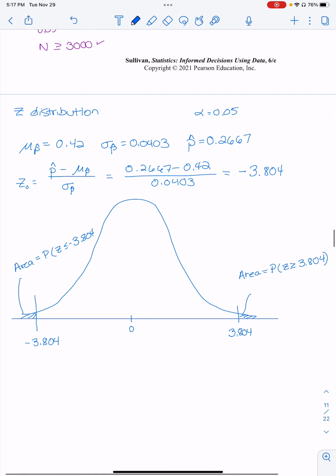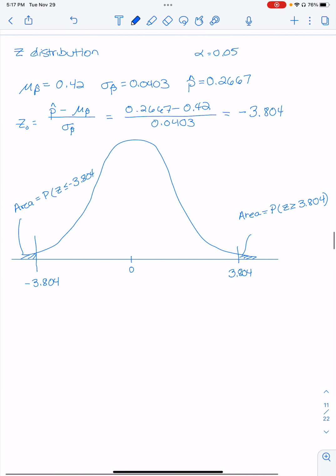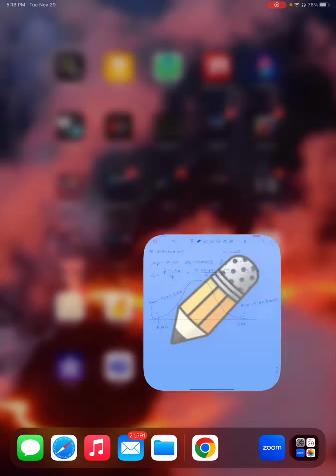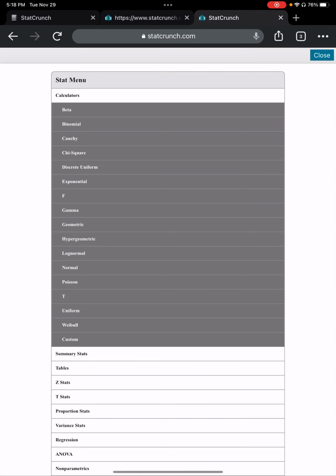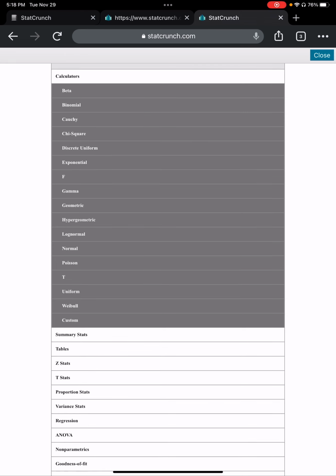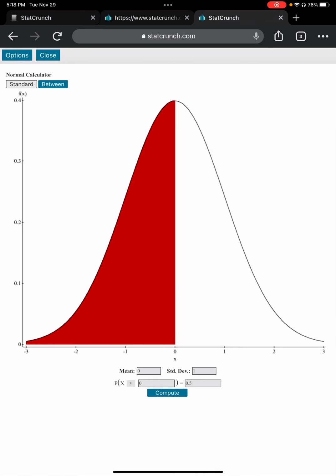So if we take a look at this, what we see when we go to StatCrunch, and this will come up a little bit different than what you've seen because I'm on my iPad. If I go to Stat and go to Calculators, and then go to Normal, it comes up, remember, with my Z distribution.